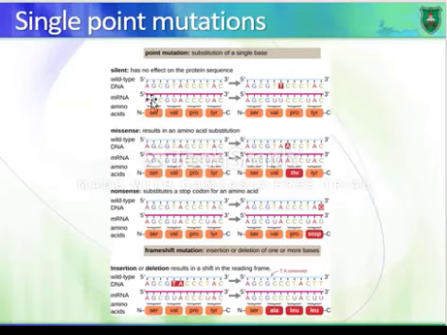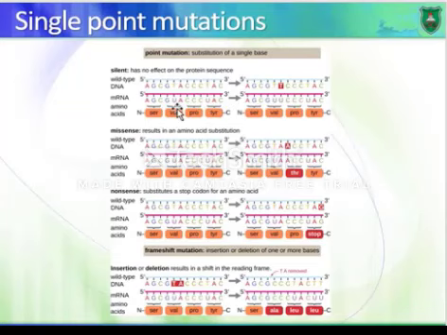They are divided into different types. For example, the silent point mutation. The silent point mutation has no effect on the protein sequence. What do we mean by that? As you can see here, for example, we have a DNA sequence, the mRNA sequence transcribed from the DNA, and the amino acid sequence translated from the mRNA.